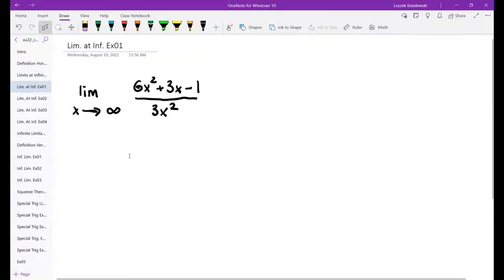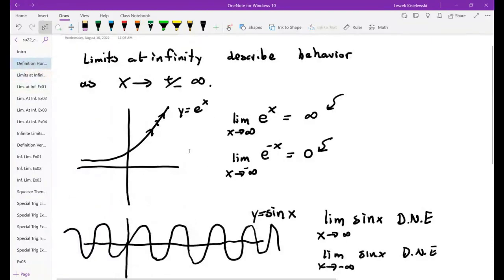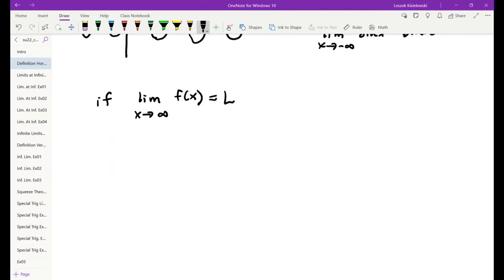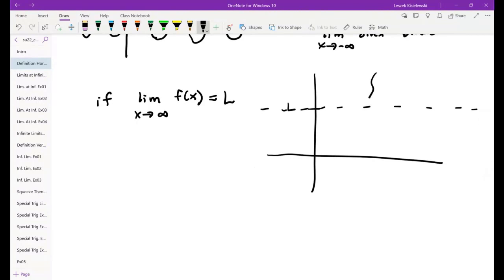So we're going to look at how to, oh, I forgot to define horizontal asymptote. Okay. So the asymptotic behavior of a function is its long-term behavior as x goes to plus or minus infinity. And if that long-term behavior of the function is that the function approaches a finite number, okay, the picture might be something like, here we have a horizontal line.